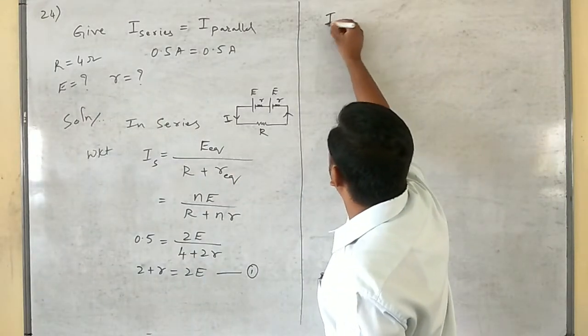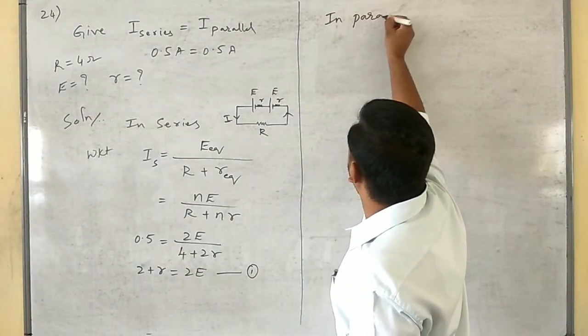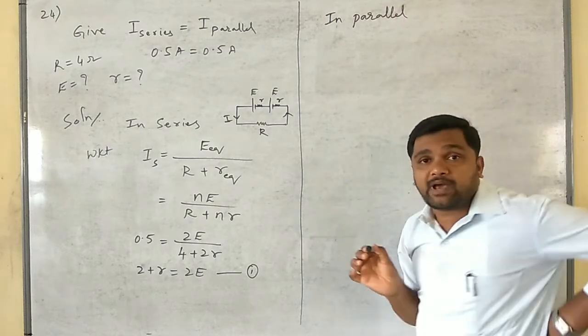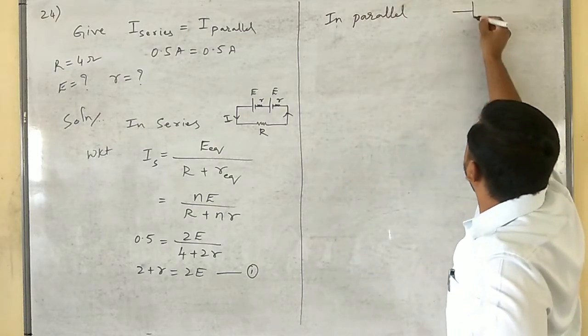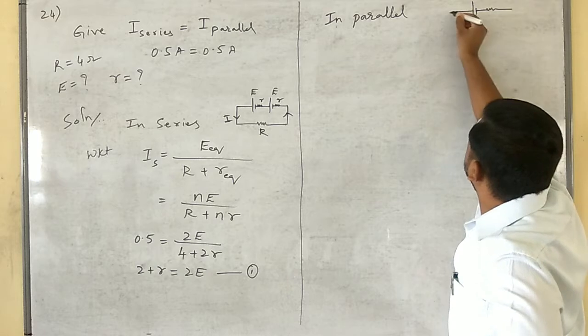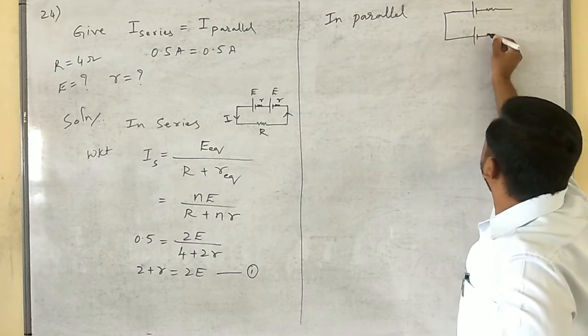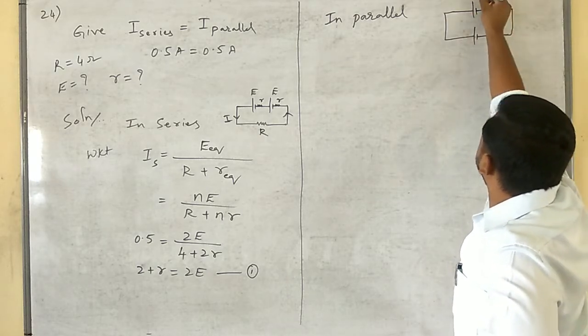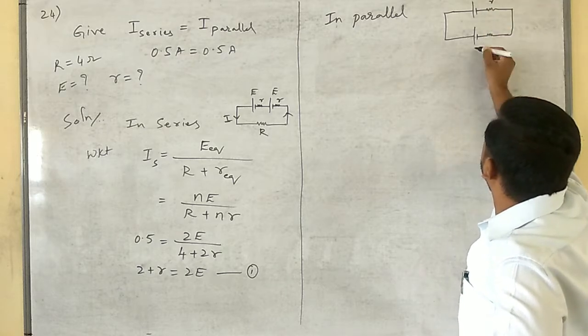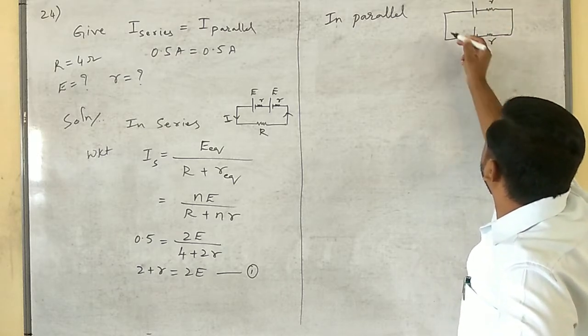Next, in parallel, what happens? Take a look. This is E, this is r. Again, this is E, this is r.